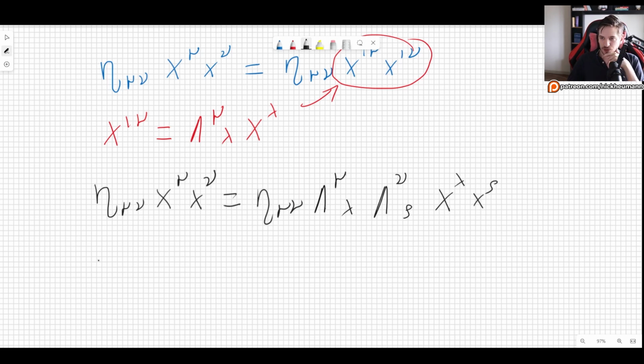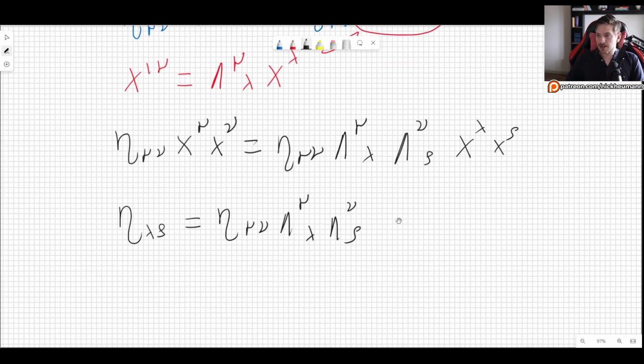And this means, of course, that now eta, and I guess we can now change the indices here so that they match the ones that we are going to end up with. They're indices in the end, so there's a certain freedom there. So we can say eta lambda rho has to be equal to eta mu nu lambda mu lambda lambda nu rho.